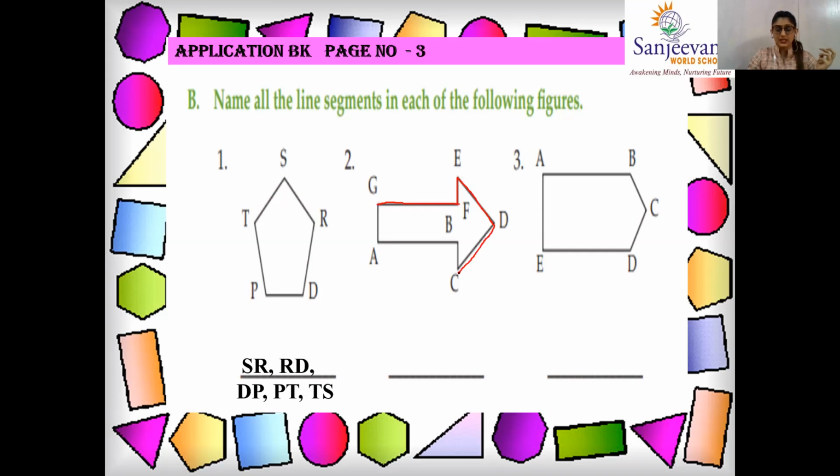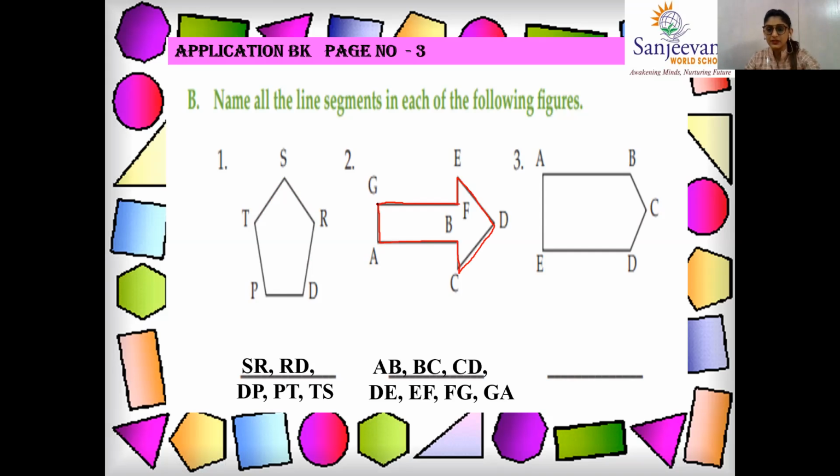D to C, there's another line segment. C to B, B to A, and A to G. So this arrow, a closed figure, is made of so many line segments. And what are the names of those line segments? AB, BC, CD, DE, EF, FG, and GA.